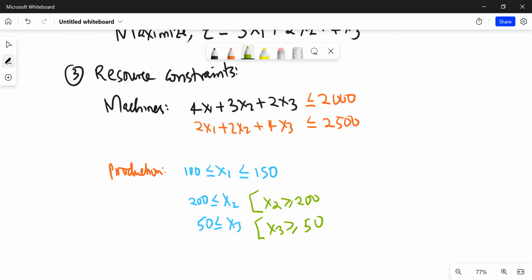It's only that I wanted to use the inequalities facing this direction. So this just means that X2 is greater than 200.